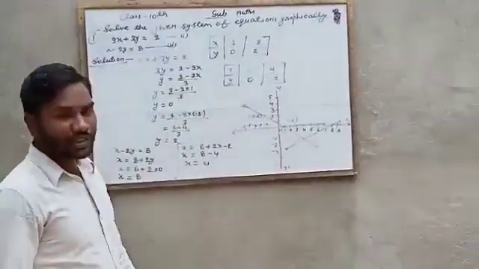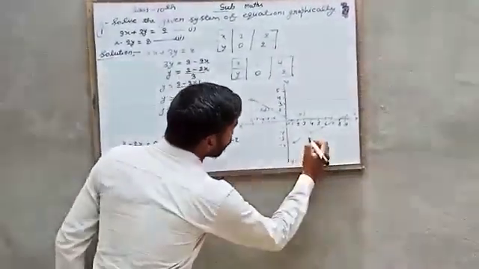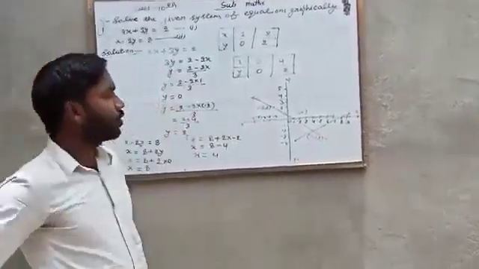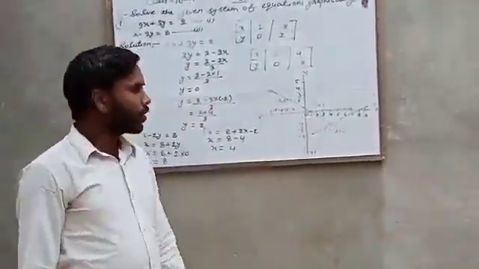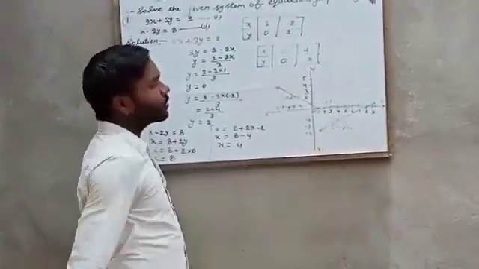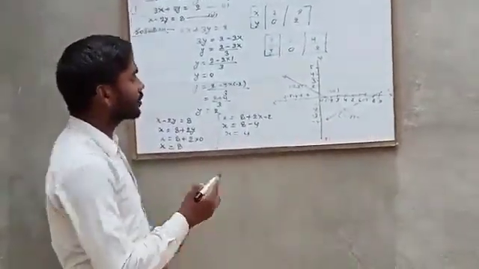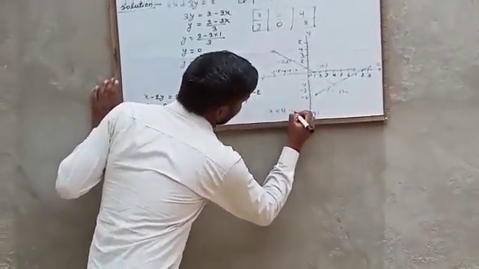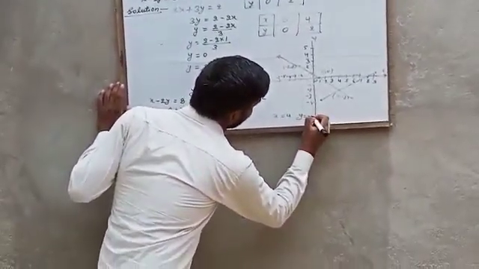Both lines intersect at 4, minus 2. So this is the solution of the equations. Means x is equal to 4 and y is equal to minus 2.